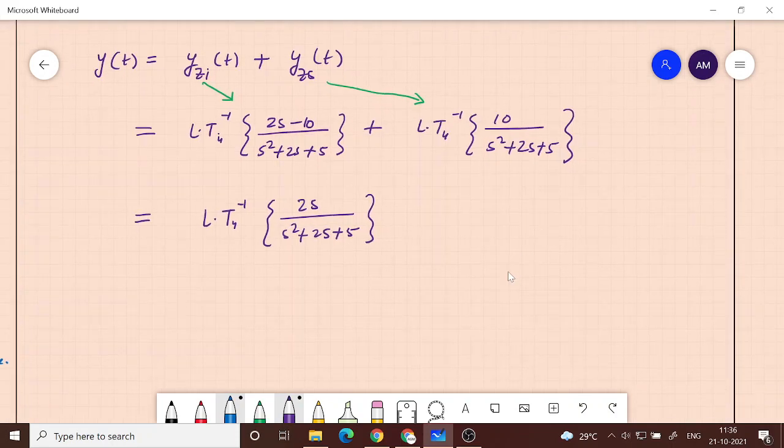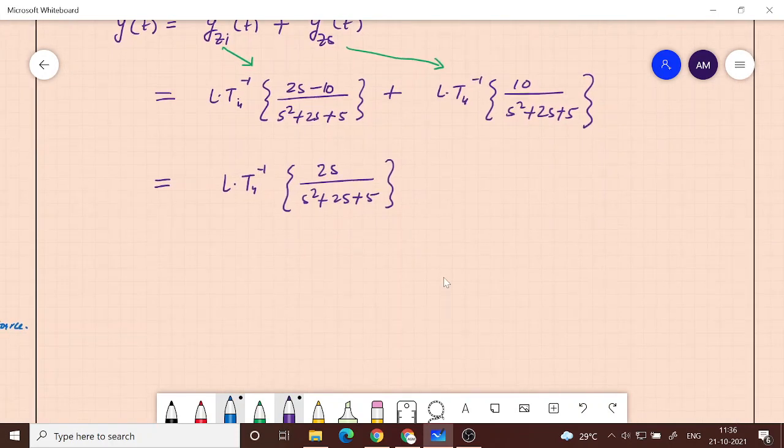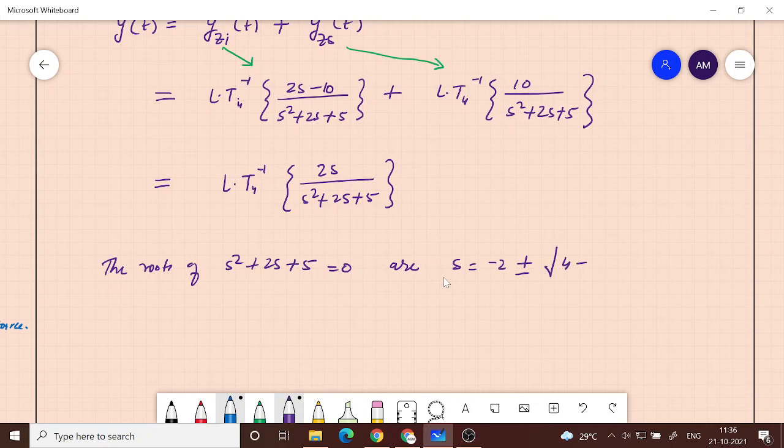Now you see, what are the roots? If I find the roots of S square plus 2S plus 5 equal to 0, S is equal to minus b plus or minus square root of b square minus 4ac, that is 4 into 5, 4 by 20, by 2.